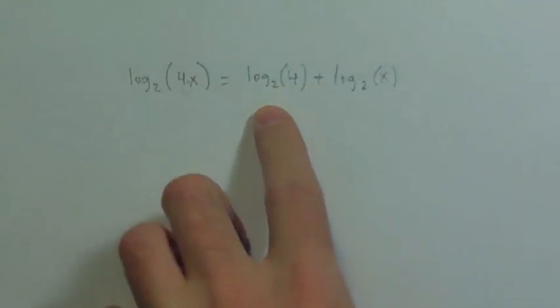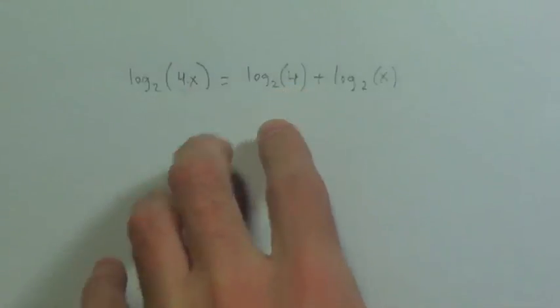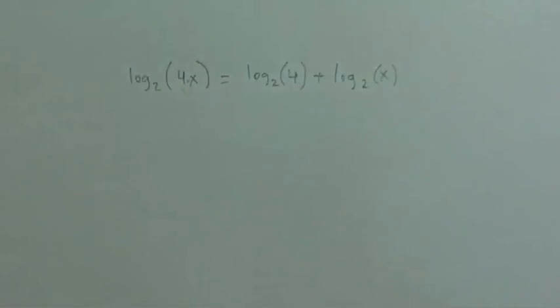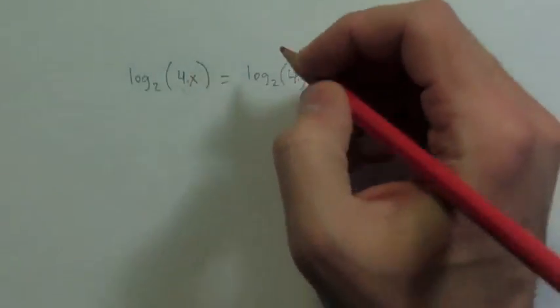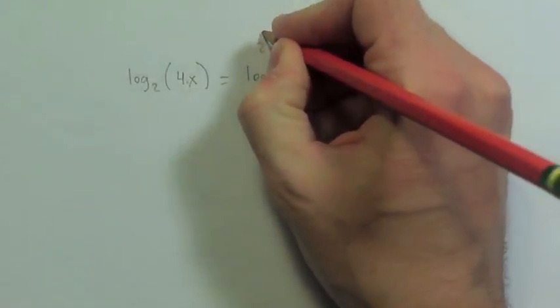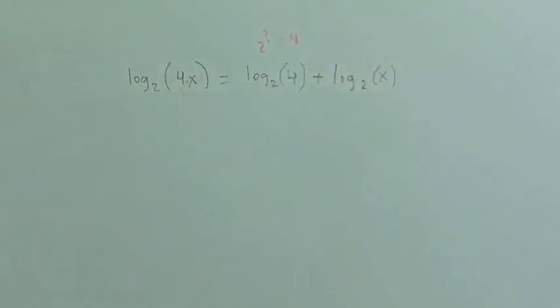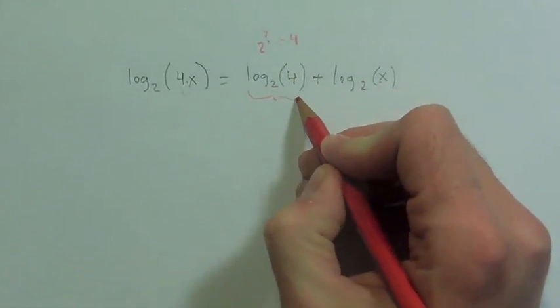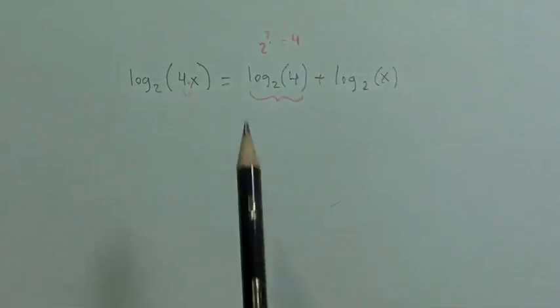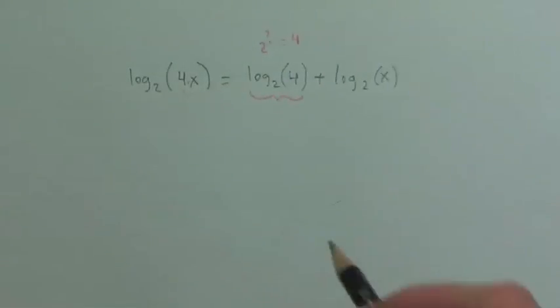Now from here, log base 2 of 4, remember this asks, our base to what power is equal to 4. So this whole thing here comes out to be 2, since 2 squared is equal to 4.